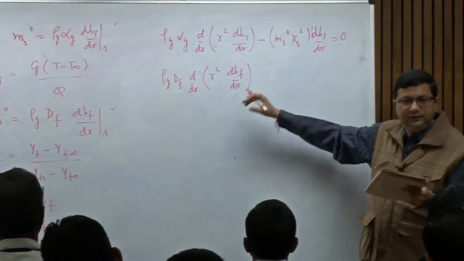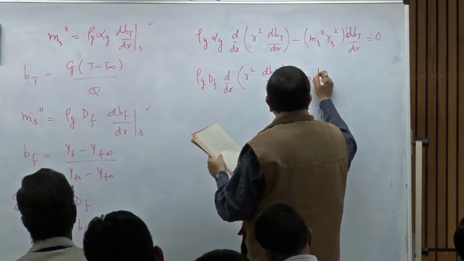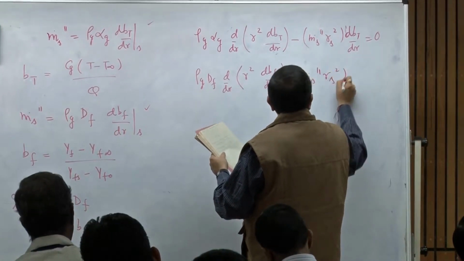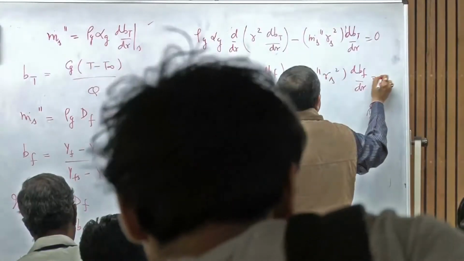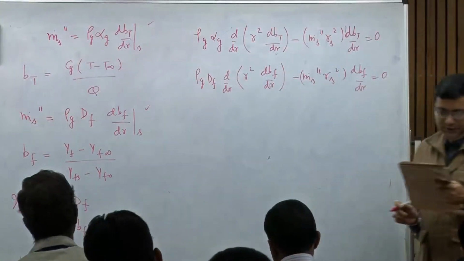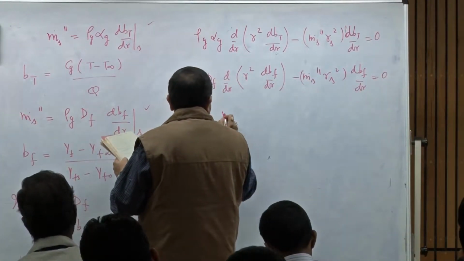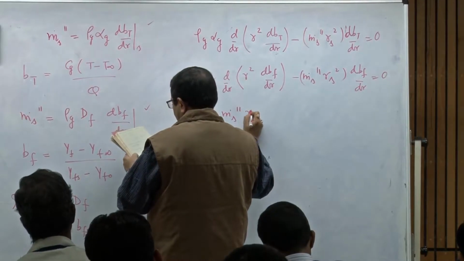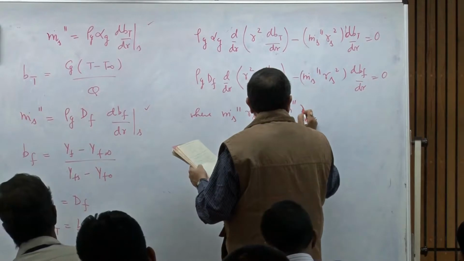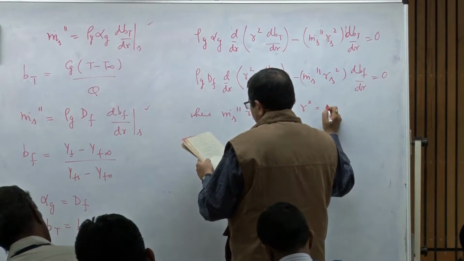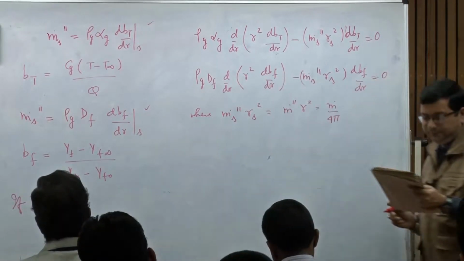Therefore, the species conservation equation becomes just one expression here, where this term here is equal to, this is from overall mass continuity.